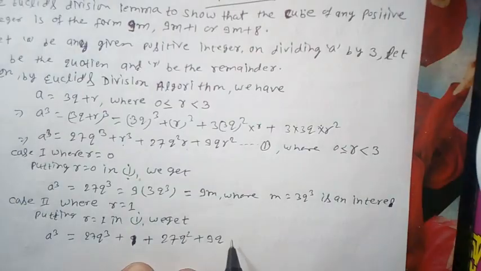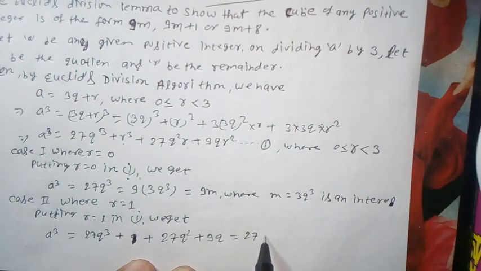We arrange this: 27 q to the power 3 plus 27 q square plus 9q plus 1.